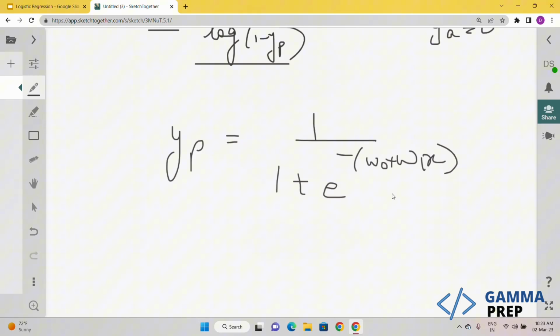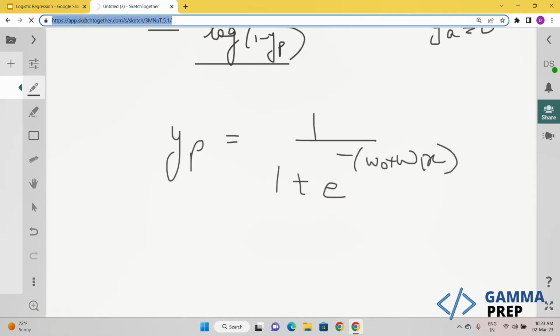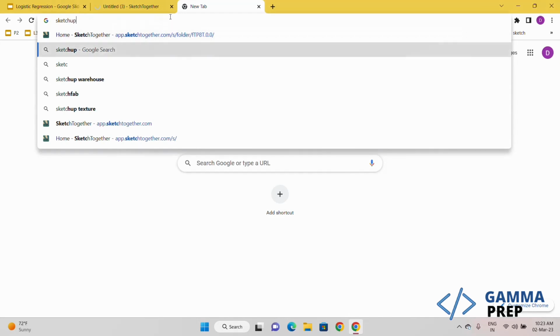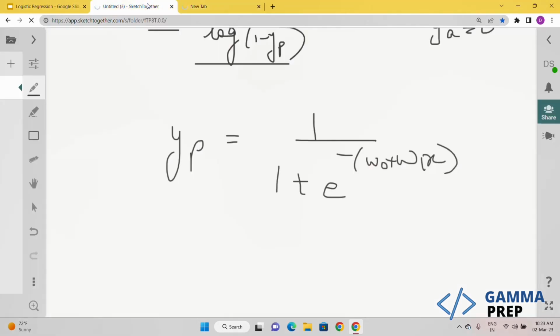Okay, let me see. I'll have to reload this. Sketch got hanged. So now we have built our model on the training data. It's now time to evaluate our model on the testing data. Let me open this again. Something went wrong.